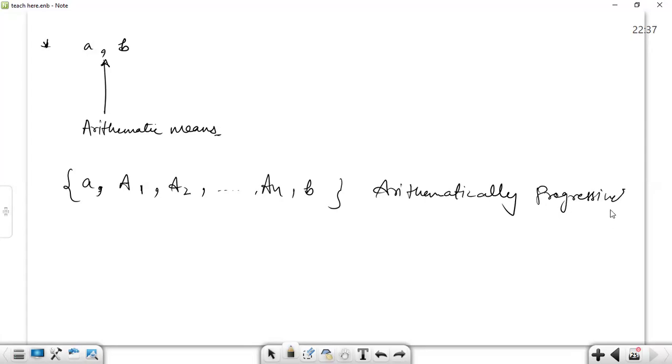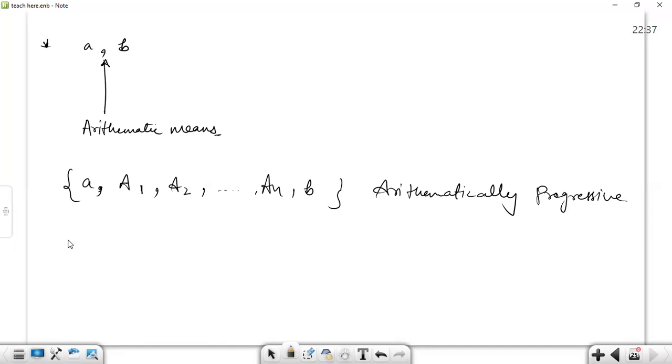So if this sequence is an arithmetic progression, we know the difference between any two terms will be constant. For that to happen, we need to insert every number within certain conditions.